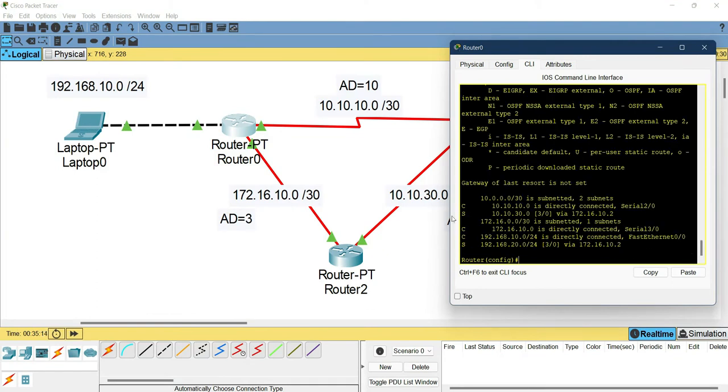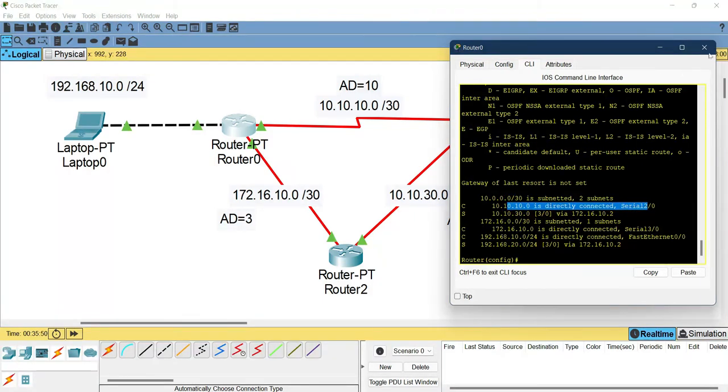Now if you see here, 10.0.30 is connected via 172.16.10.2, and 172.16.10.0 is connected via this. 10.10.10.0, if you see, is connected via serial 2/0, and it is a directly connected route. A directly connected route has an administrative distance of 0, but I have assigned this administrative distance as 10.